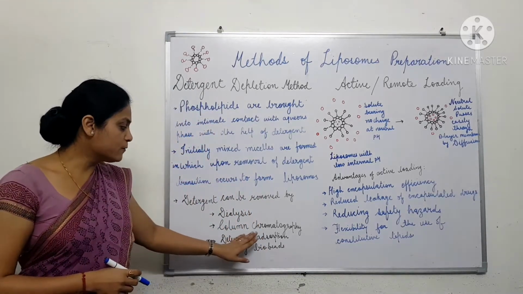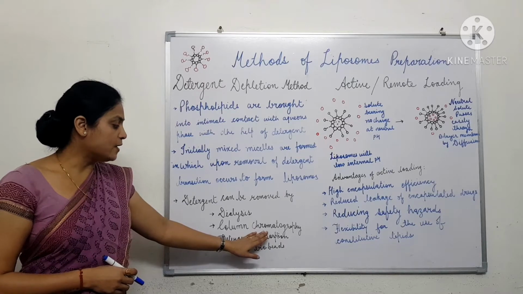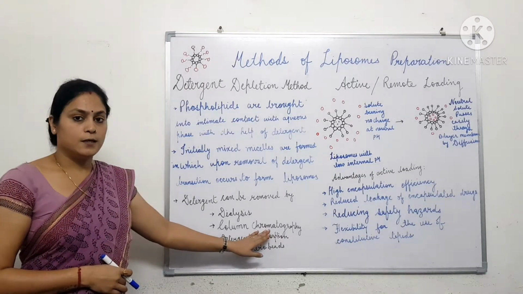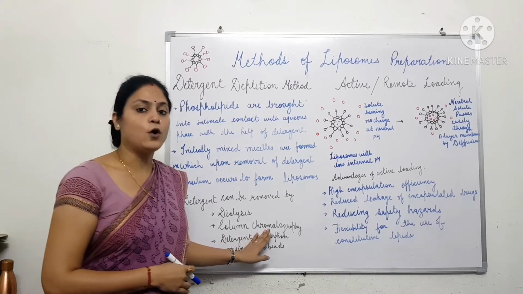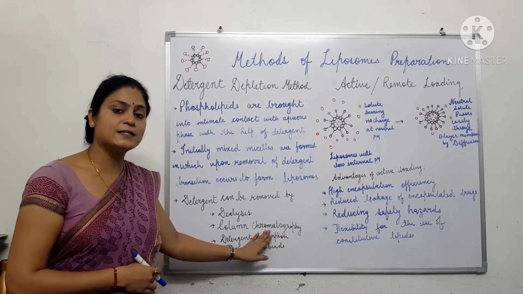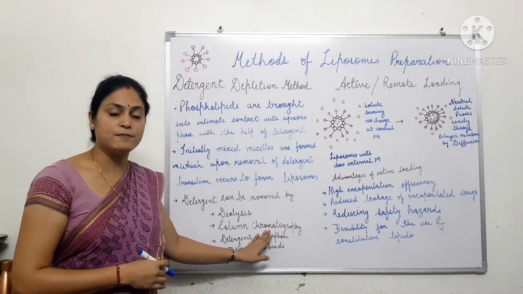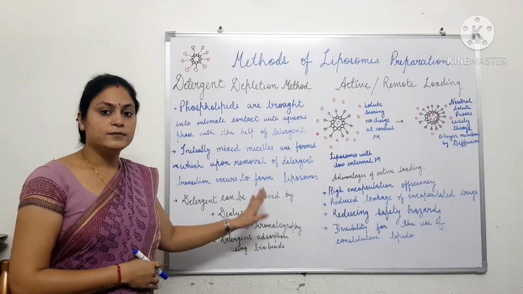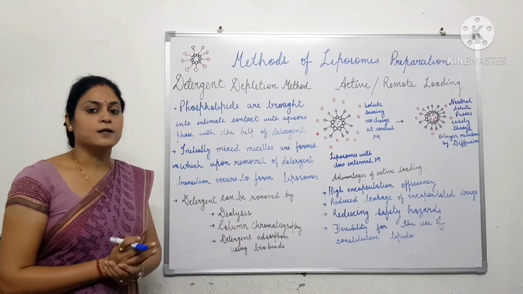Now, column chromatography. Detergent can also be removed from the mixture with the help of column chromatography. Here, a Sephadex G25 column can be used for the separation of detergents from the mixture.